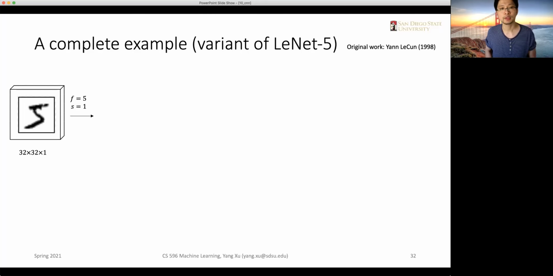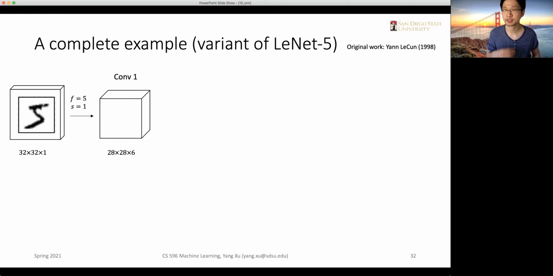What the net does is apply a pretty big filter, a 5 by 5 filter with stride equals 1. By the computation rules, it will generate outputs of 28 by 28 by 6, where the 6 means we apply 6 such filters. That is the first Conv1 layer.